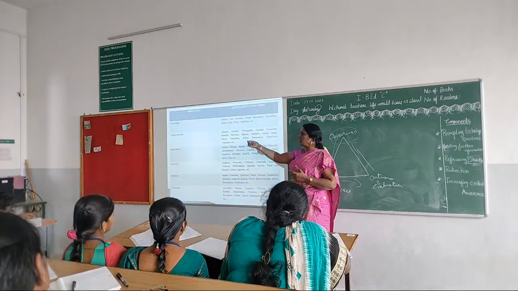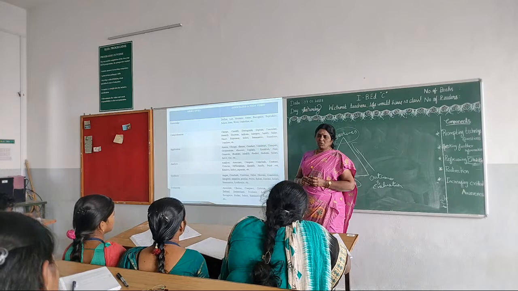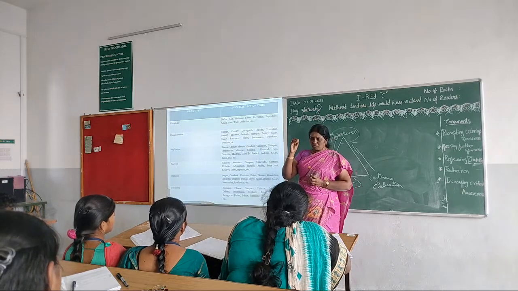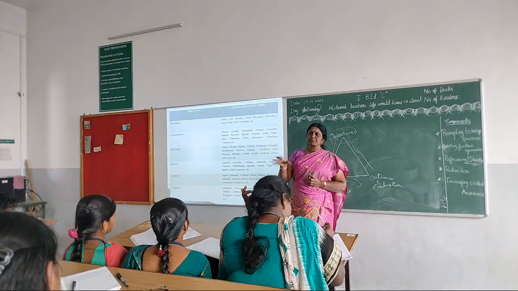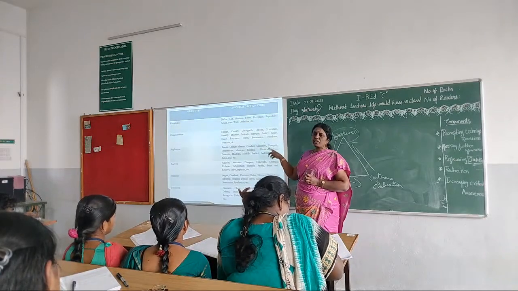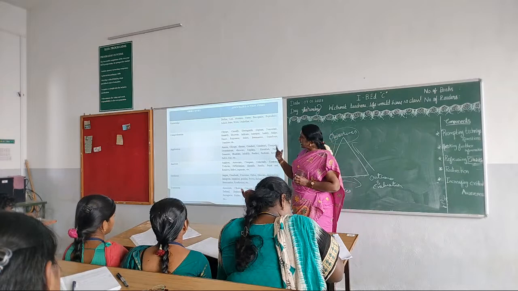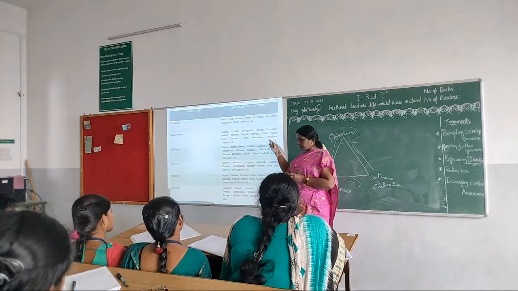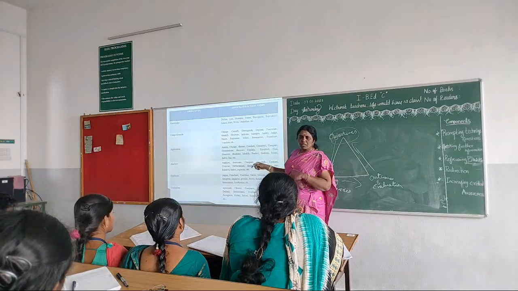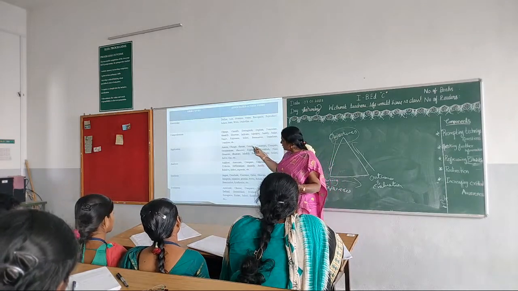You can use all these words when you use a topic for understanding. Next, application. When you apply the concept that you understood, you have to use these verbs.